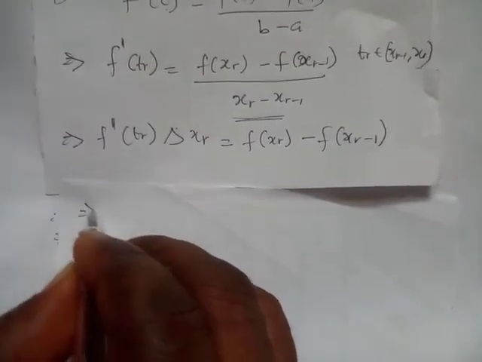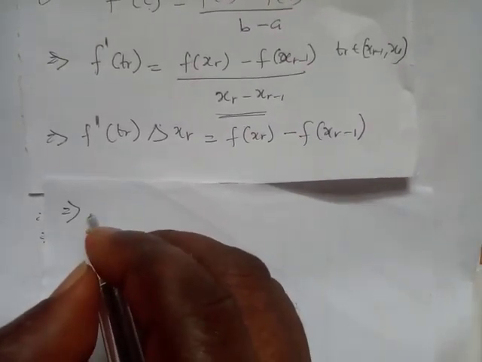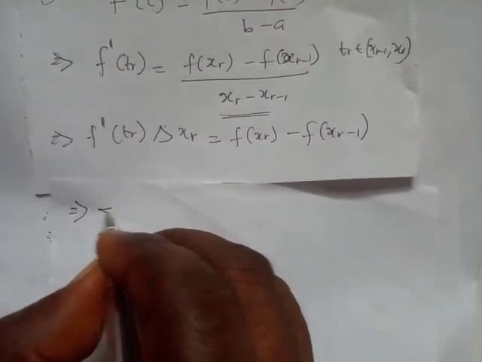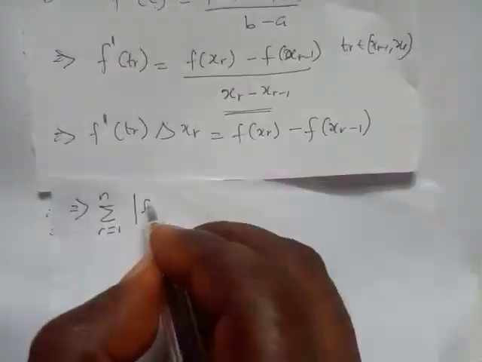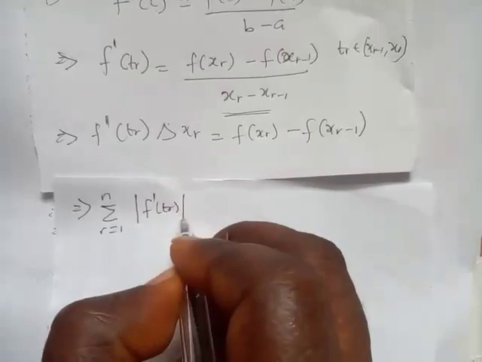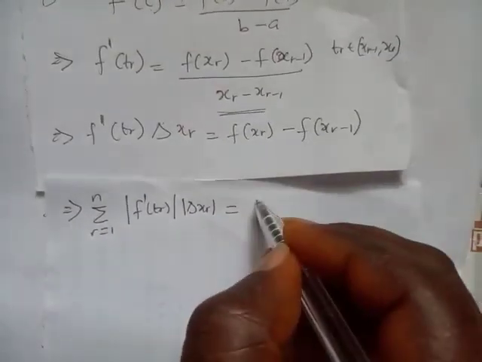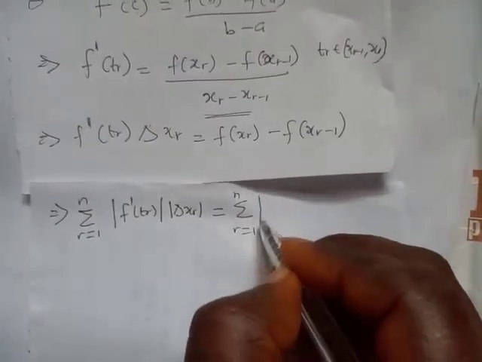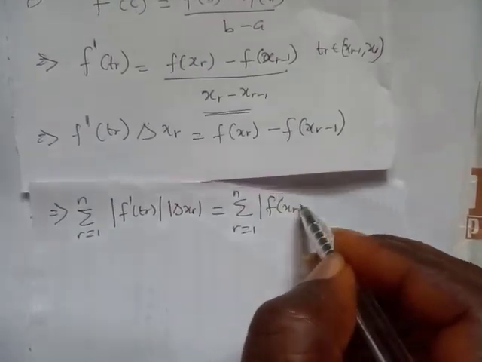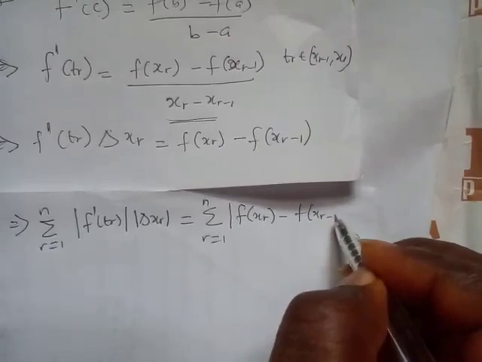Now, from this list, let's take the absolute value of both sides. I will put the summation after we have taken the absolute value. So let's take the summation and absolute value of both sides like that. This is the absolute value of f prime of TR times the absolute value of delta SR. This is equal to the summation, r runs from 1 to n, of the absolute value of SR minus SR minus 1.